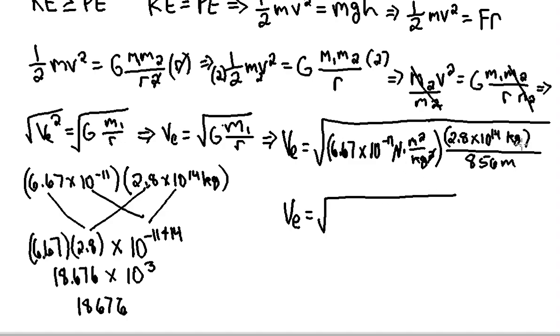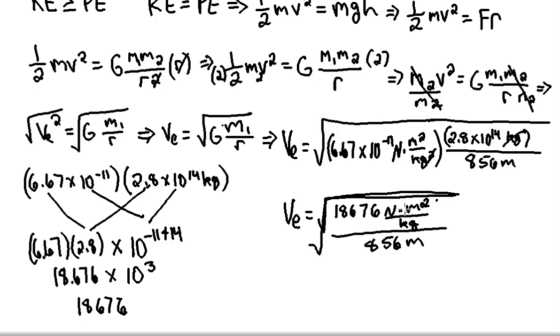So this cancels out with this. I have 18,676 newtons times square meters divided by kilograms. And then this whole thing is over 856 meters.